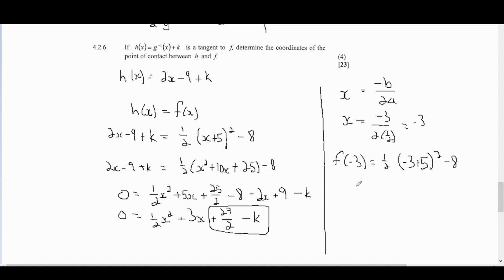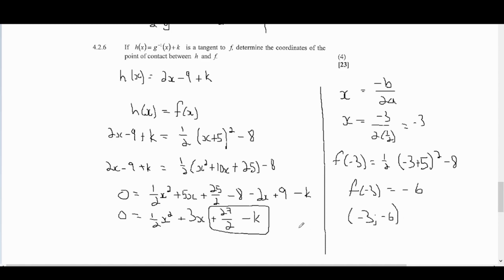It's all numbers, so we can put that into our calculator. So our y value is then minus 6, and therefore our coordinates for the point between h and f is minus 3 and minus 6.